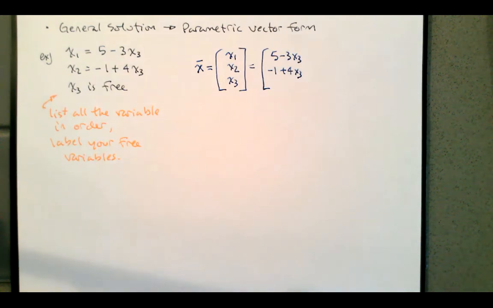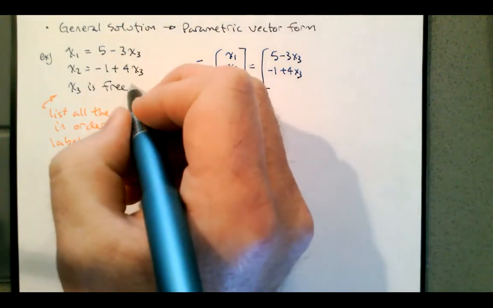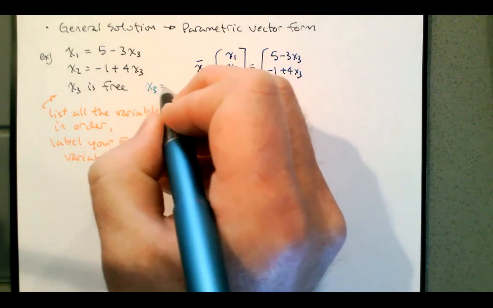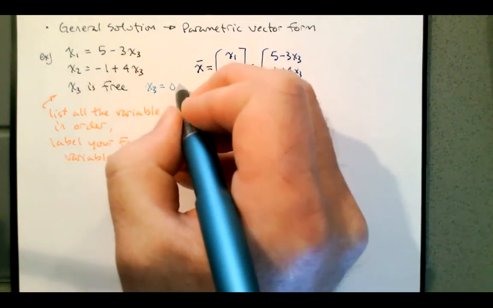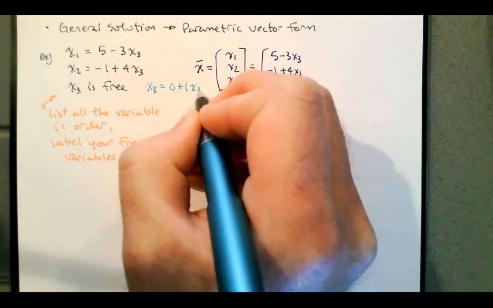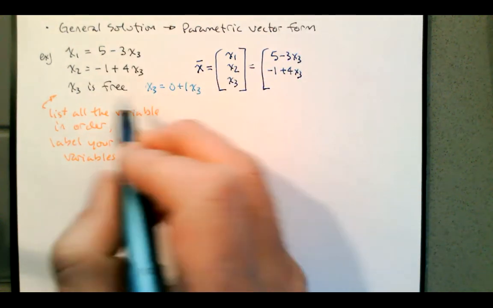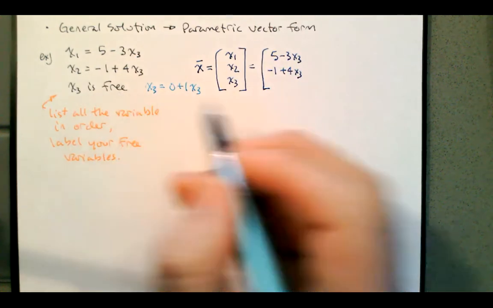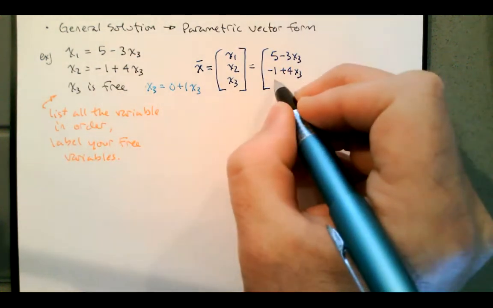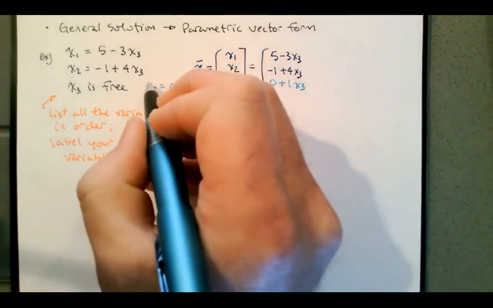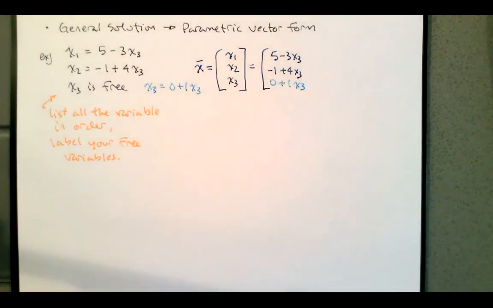So the way we imagine x3 is free, we're just saying x3 is 0 constants plus 1 copy of x3. This is not how we would indicate a free variable. This is just us thinking about what it means for x3 to be free and how we could fill that in so that we can fill out the parametric vector form. So this is not something that we would want to write.